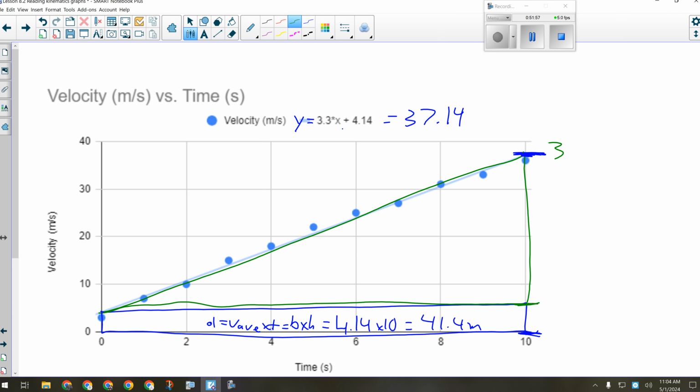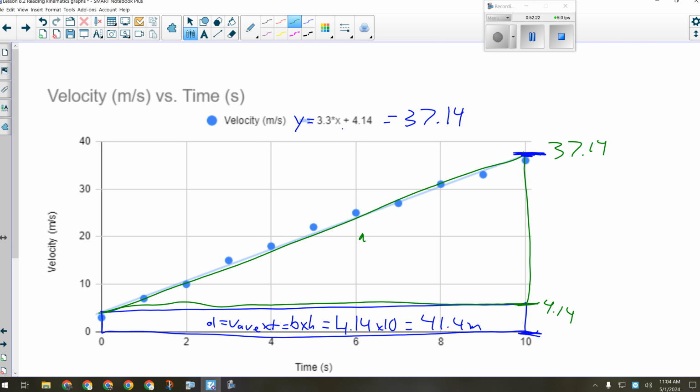This is 37.14, this is 4.14. The height of the triangle is 33 meters per second. That might sound weird, but it is. This is a velocity-time graph, right? We're not actually doing the height of the triangle. We're doing the change in velocity. So can I calculate the area of that triangle now?